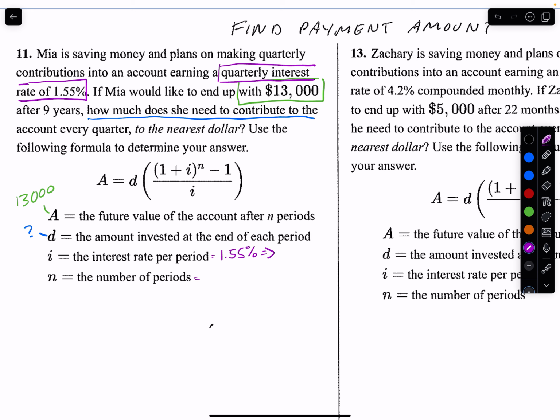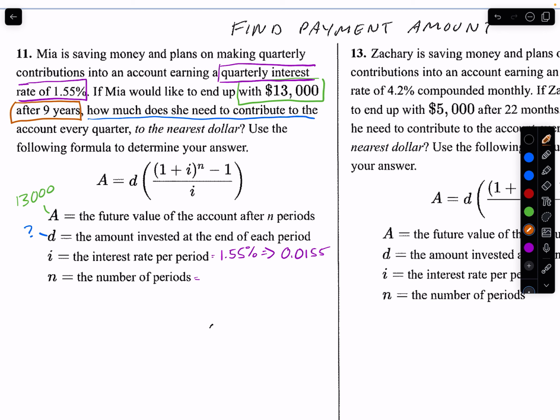If we convert that to a decimal, it'd be 0.0155. So it already tells you that that's going to happen each quarter. And then the last part we need to figure out is how much will she have after 9 years?